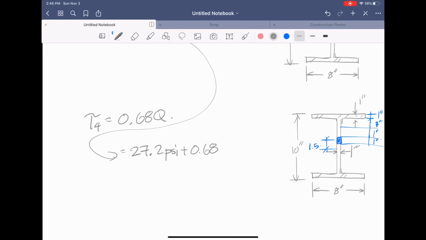So it's going to be 0.68 times 1. Well, let's see. Q is equal to A times Y bar, right? So area is 1.0 times Y is 1.5.